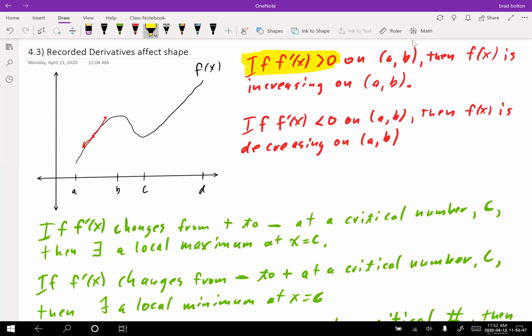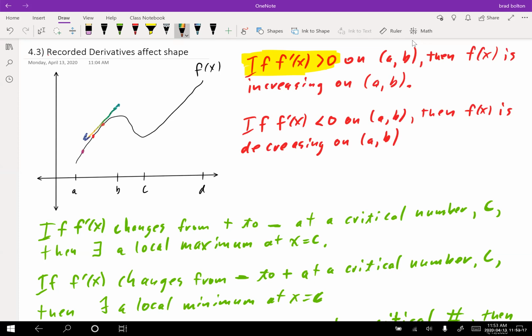This is talking about that if f prime of x is greater than 0, meaning if f prime of x is positive, then on this interval that you're talking about, f of x is increasing. And again, they say positive anywhere on this interval. So no matter where I pick, if I pick right there, or let's say I try here and I draw my tangent, still it's positive.